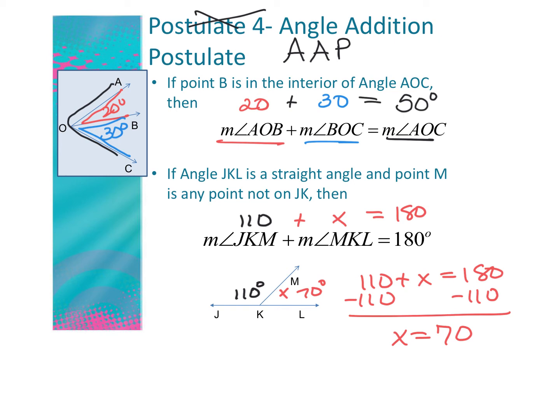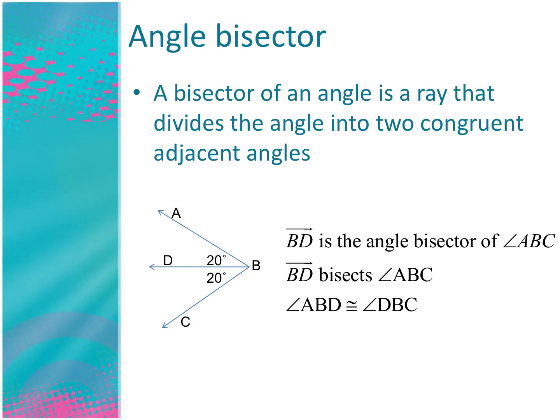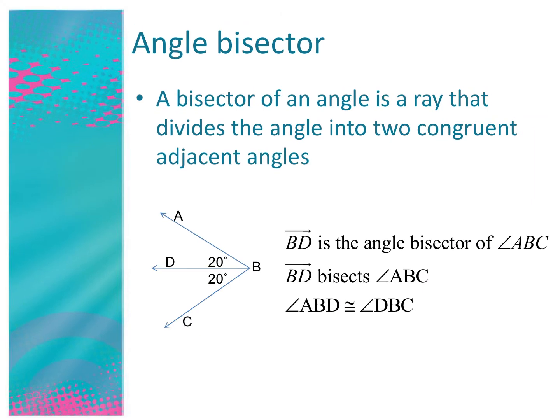Just like we had segment bisectors, now we have angle bisectors. So just like before when we saw segment bisectors, now we have angle bisectors. A bisector of an angle is going to be a ray. And that ray is going to divide the larger angle into two congruent adjacent angles.